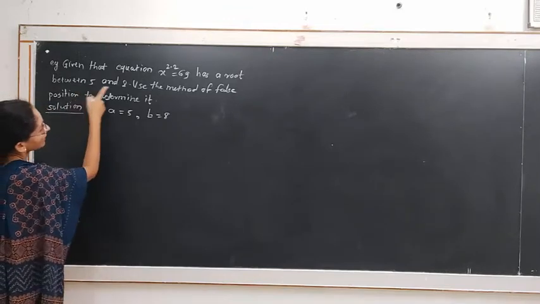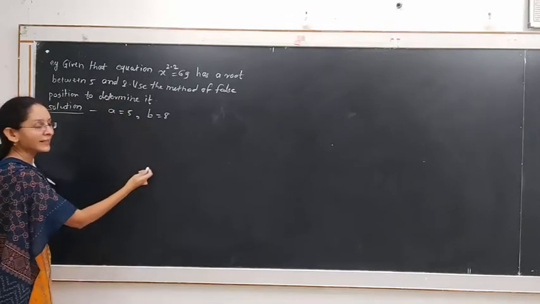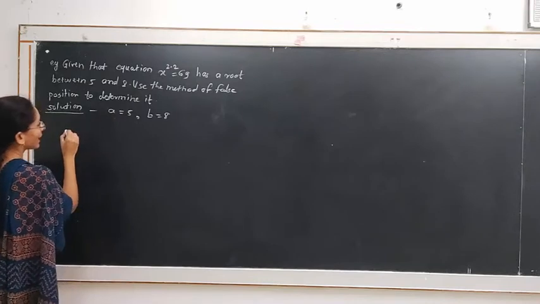It is given that the root lies between 5 and 8, hence f of a into f of b must be negative. We check the value of f of a and f of b.